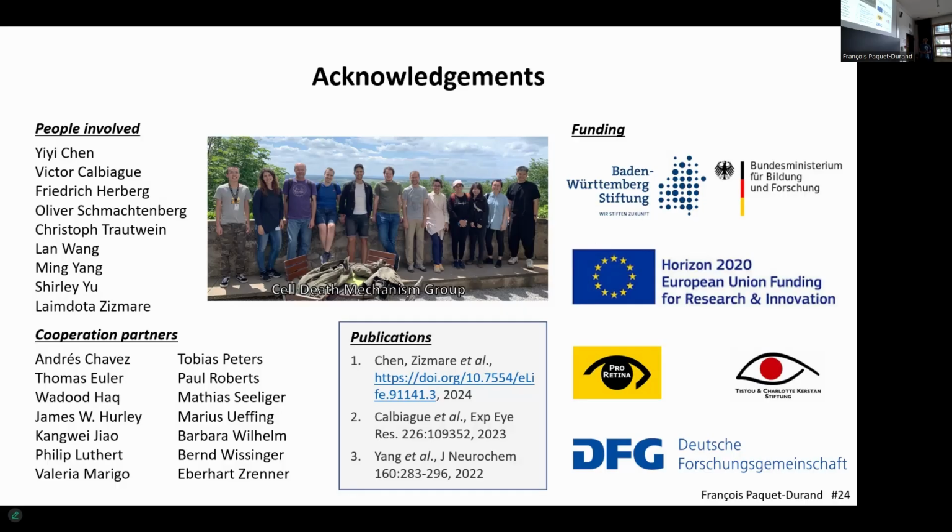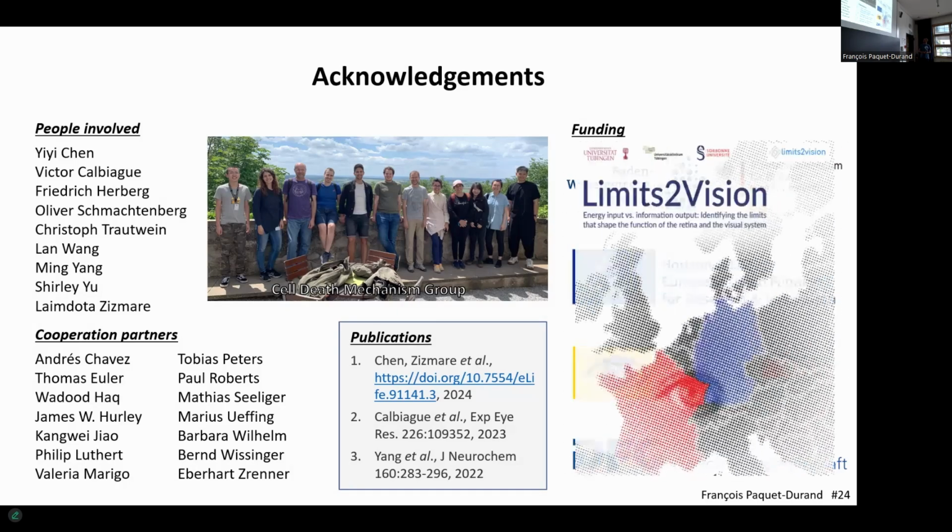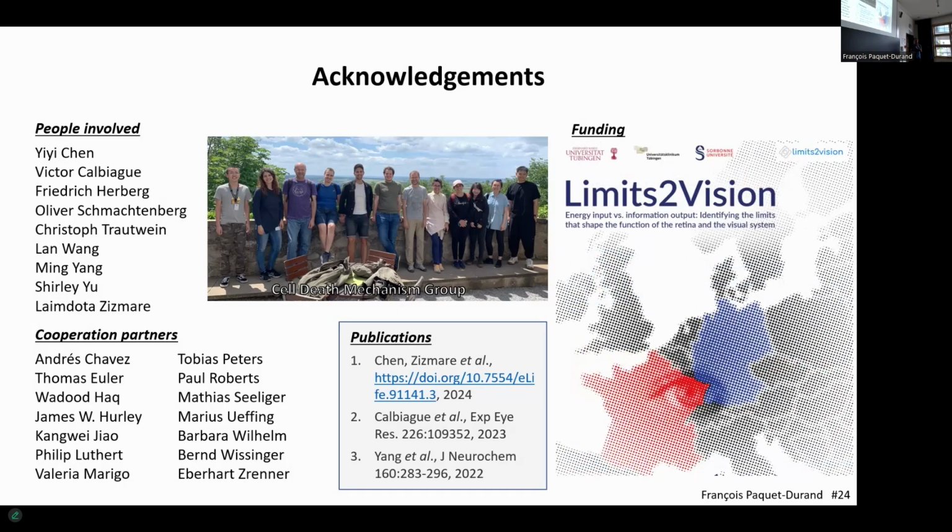And finally, I would like to point out that this work basically gave rise to a new doctoral training network we call Limits to Vision between France and Germany, between the Institut de la Vision in Paris and the Institute of Ophthalmic Research here in Tübingen.